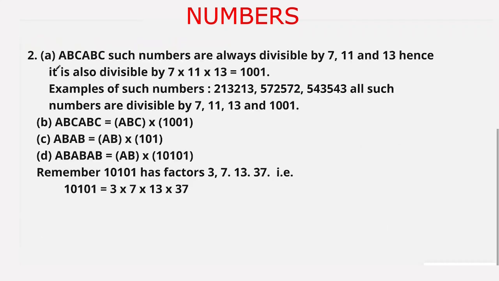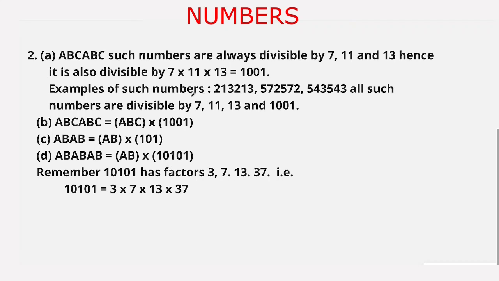Concept 2, Part A, ABCABC. Such numbers are always divisible by 7, 11 and 13. Hence, it is also divisible by 7 multiplied by 11 multiplied by 13 equal to 1001.